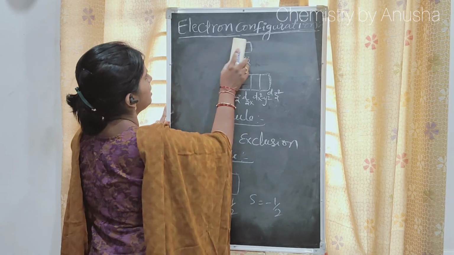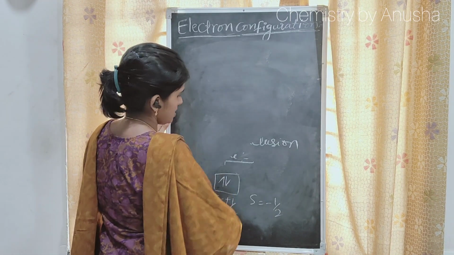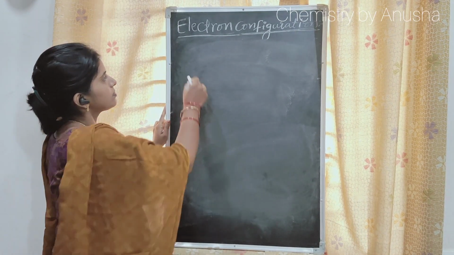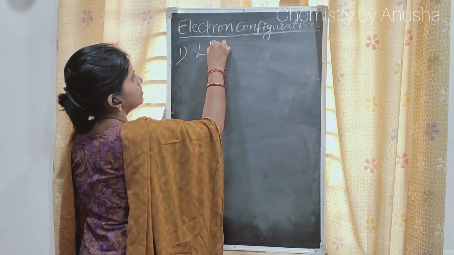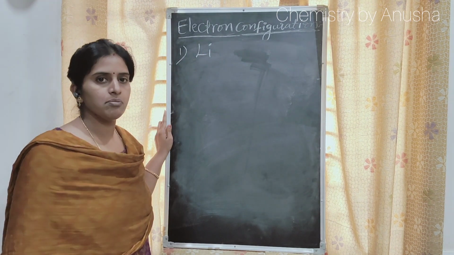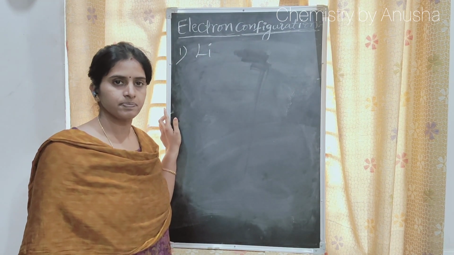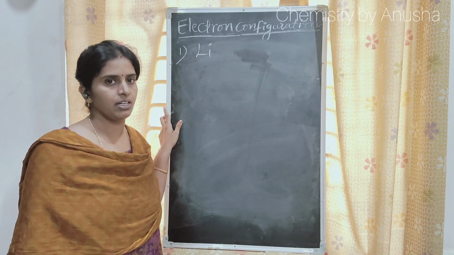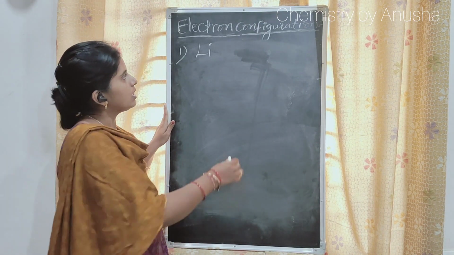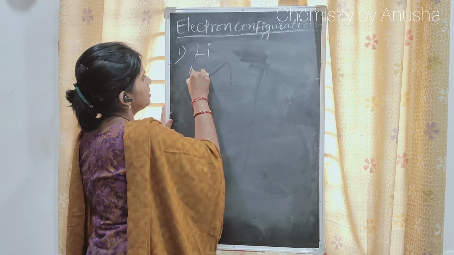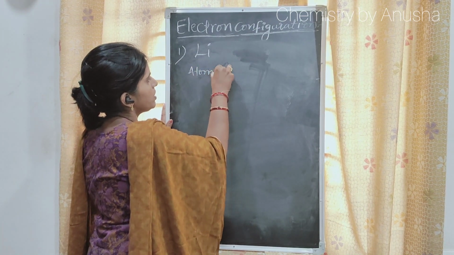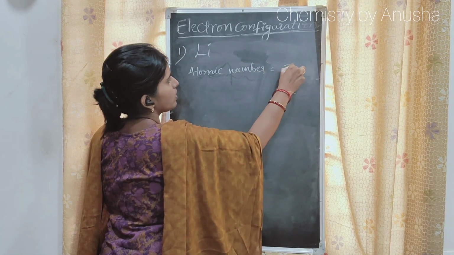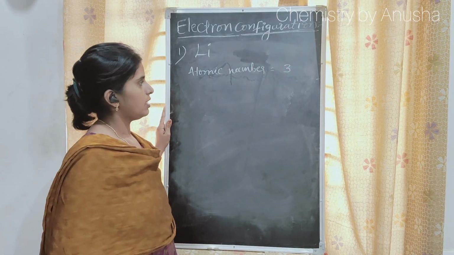For example, I am taking a simple element, lithium. If the atomic number is given, we can write the electron configuration of a particular element. Lithium has atomic number 3.